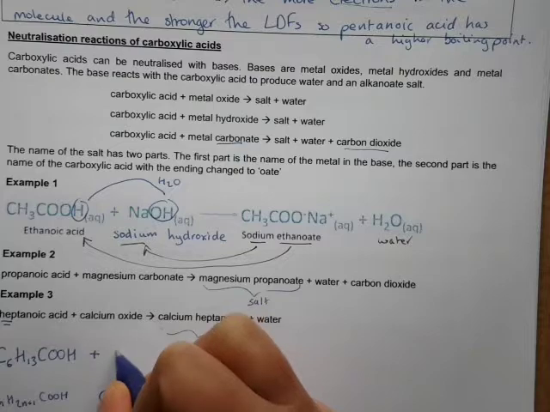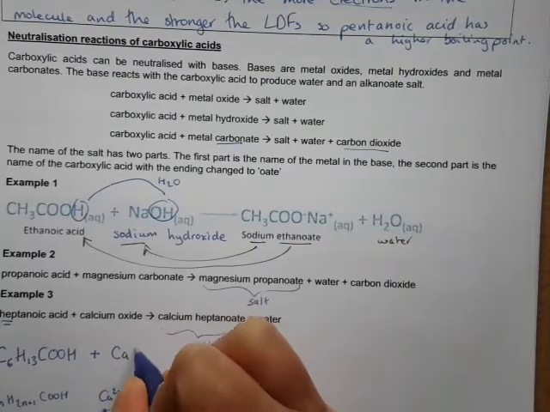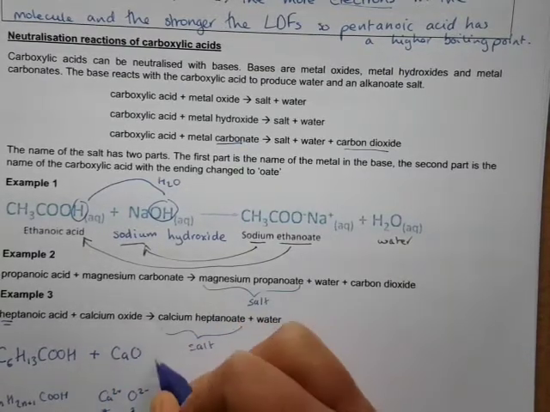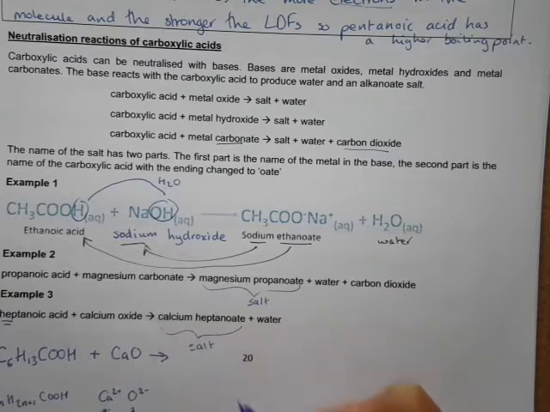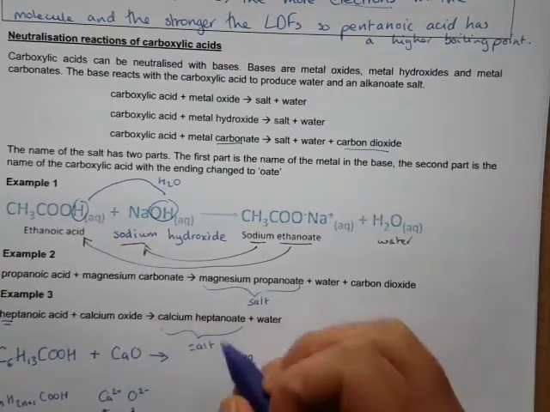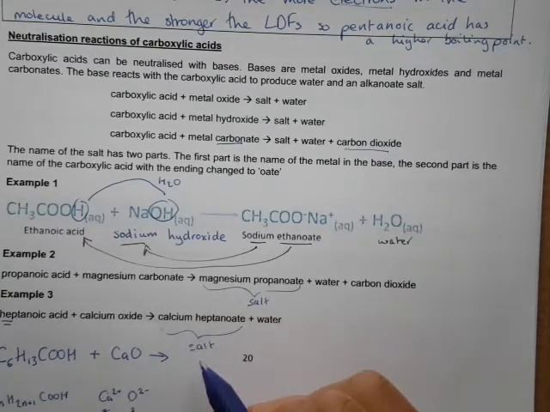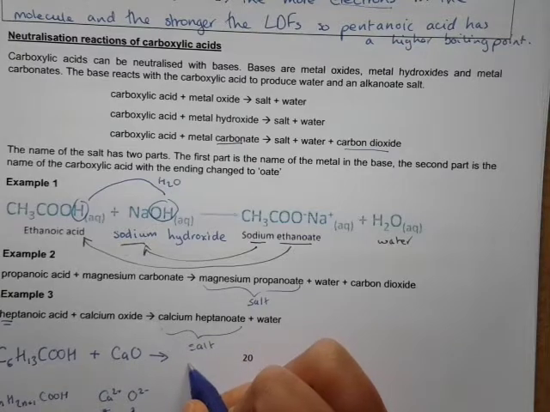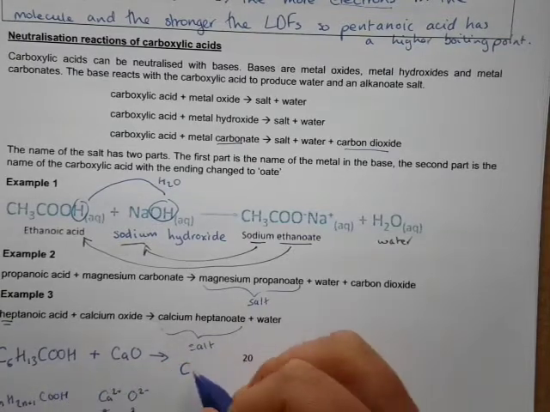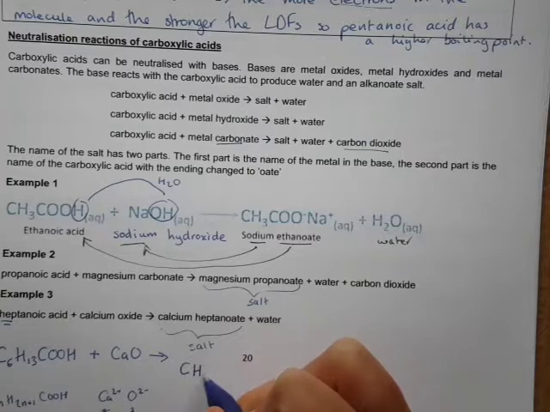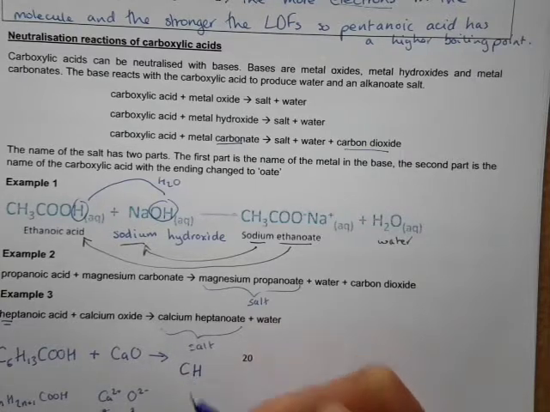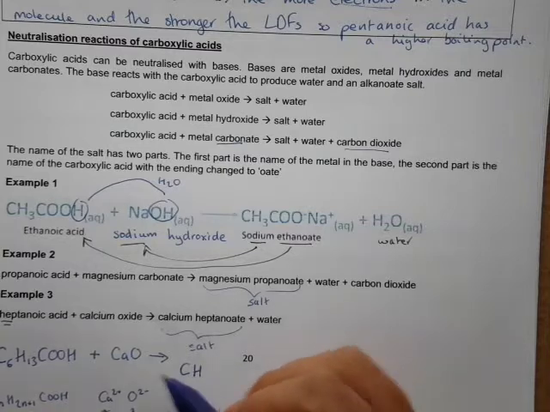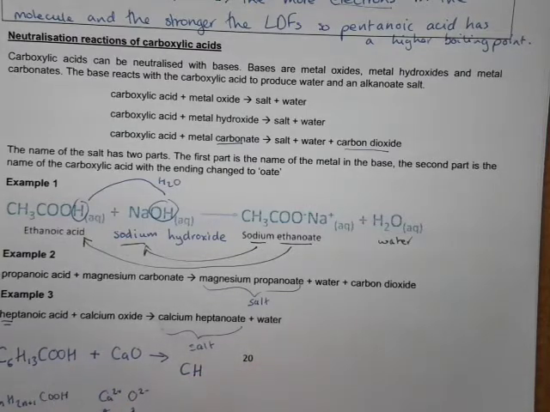So calcium oxide, I'm not going to write the ionic formula, I'm just going to write the ordinary formula, CaO, and I'm then going to make calcium heptanoate. So this one is going to be slightly different because our alkanoate ion would only have a minus charge. So what we're going to end up with is actually 2 of these heptanoate ions for every 1 calcium ion.